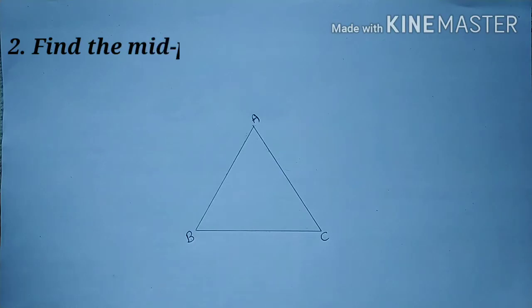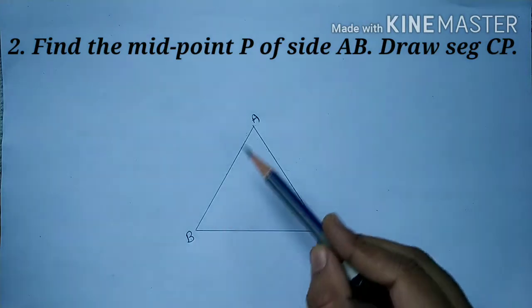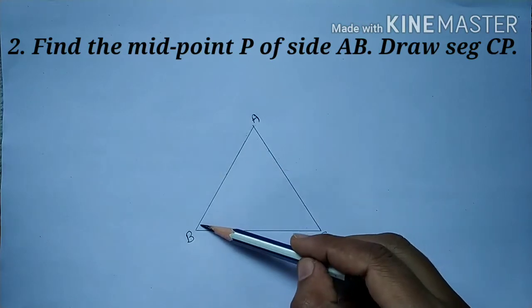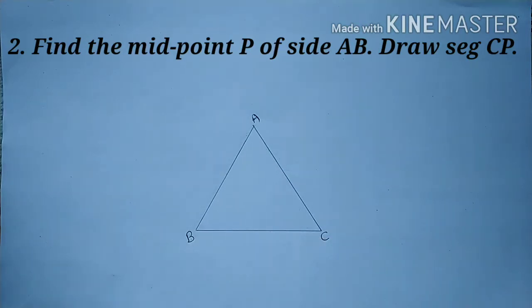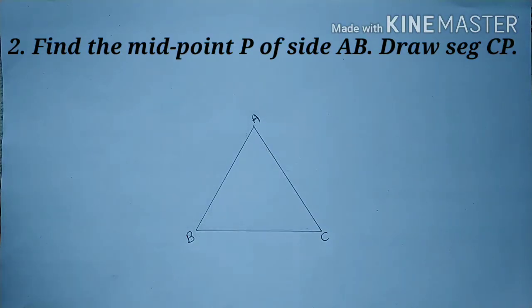Find the midpoint P of side AB and draw segment CP. So first we have to find the midpoint of this side AB. So we have to draw the perpendicular bisector of this side. You have already learned how to draw a perpendicular bisector.